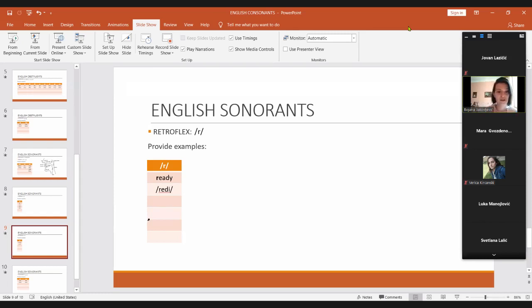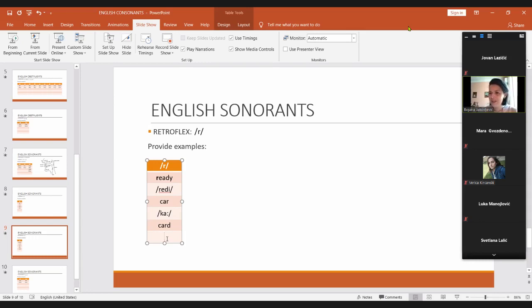So if you have, for example, car. In American, it's car. In British English, it will be car, with this symbol for long vowel, because it's final position. And there is one more. How do you produce this one? In American, it's card.